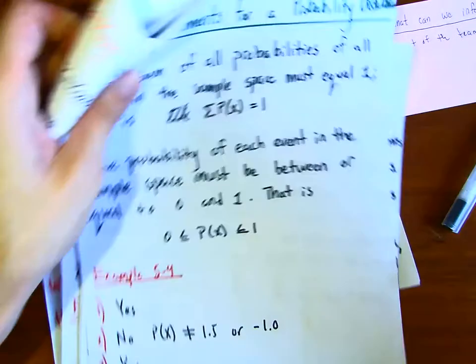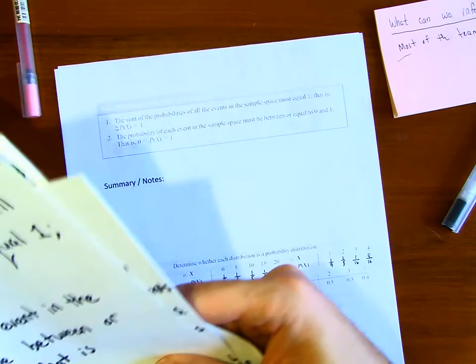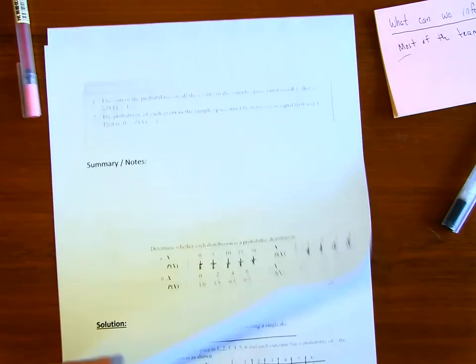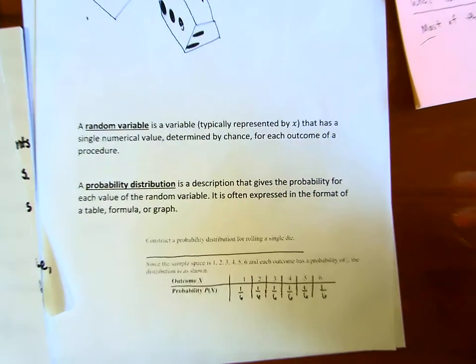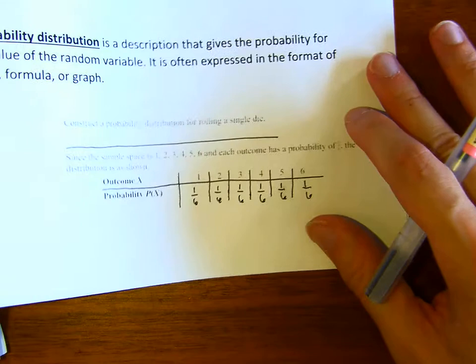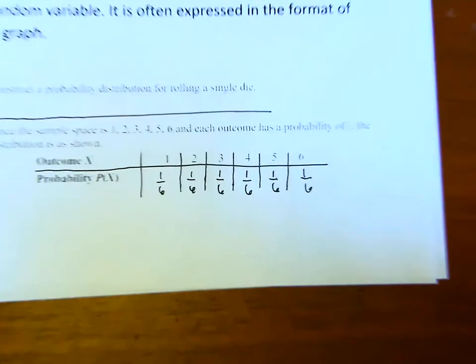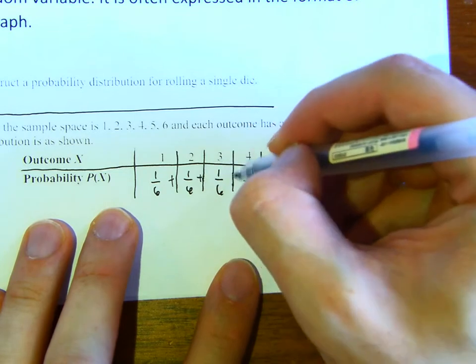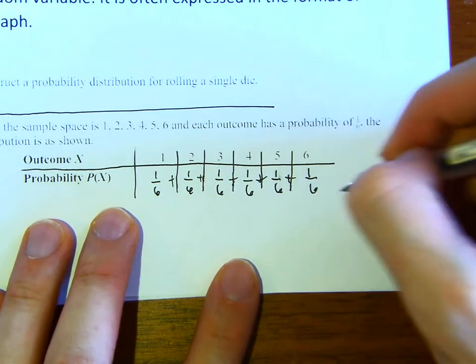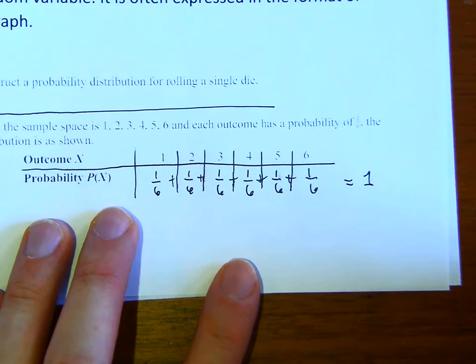If we go back to the first example, what was the first example? Over here, let's just go back very quickly. Notice what happened when you added up all these probabilities? What is 1 over 6 plus 1 over 6 plus 1 over 6? When you added all these probabilities, you have to get 1.